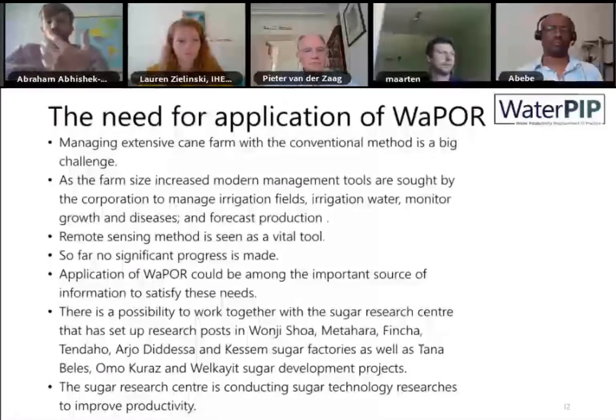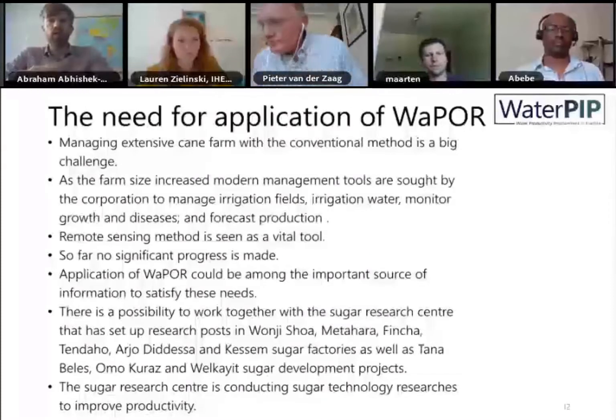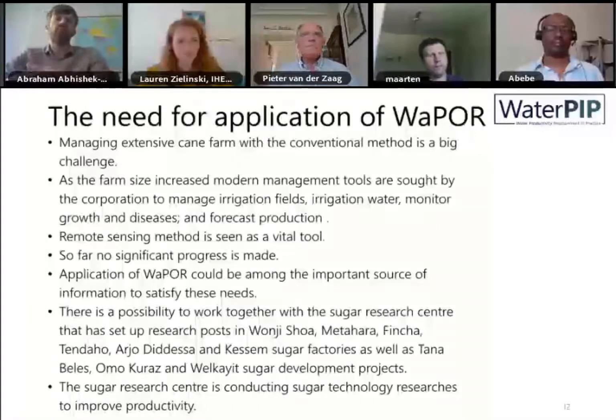WaPOR, the online open source database using remote sensing products, can actually help in monitoring growth and looking at where there are stresses in plants, which could also be from diseases. So remote sensing in that sense, the WaPOR portal, yes, could be a vital tool for helping irrigation scheme managers such as Abera as well.